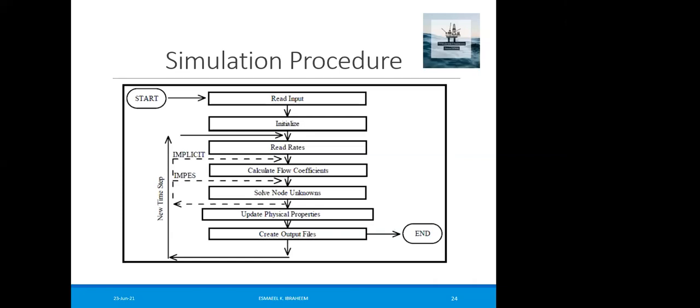As you can see, on the left side of the diagram is the start, and on the right side is the end. What comes after start is read input data, initialize, then read rates of the field and of the wells, calculate flow coefficients, and then solve node unknowns.